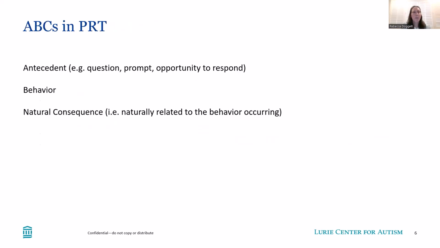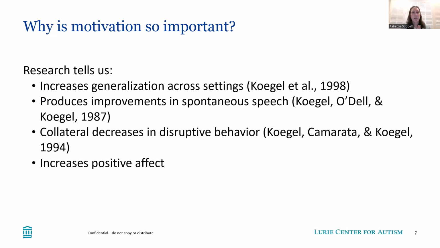And actually, I'm just going to skip to this slide for a second. The research tells us that when kids are motivated, we can see more generalization of skills across settings. One of the challenges in autism is that sometimes skills are not easily applied across different settings or across different people. That's what we call generalization. But when kids are motivated, we see that generalization improve.